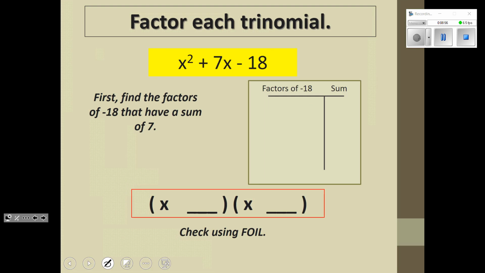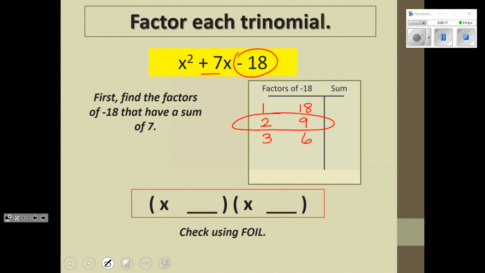In our next example, we have negative 18. We always start with the C term. We think of factor pairs: 1 and 18, 2 and 9, 3 and 6. We want them to add together to get a positive 7, so we want the numbers to be 7 apart. Here is 2 and 9, they're 7 apart.